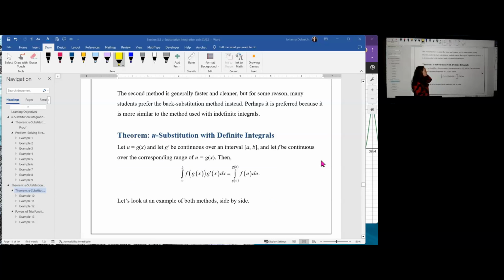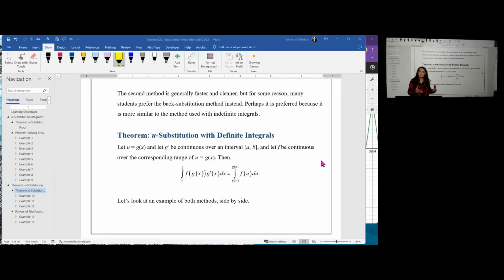Here's the theorem for u-substitution with definite integrals. We have basically the same conditions. Let u be some function g of x, which is going to be inside of another function. Let its derivative, g prime, be continuous over some interval, say from a to b.